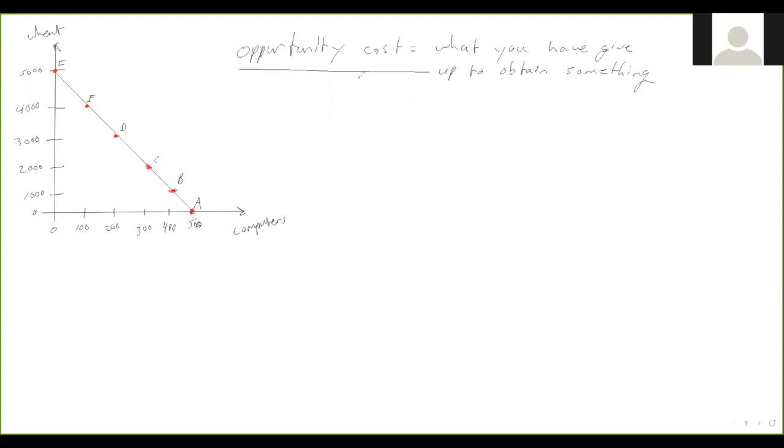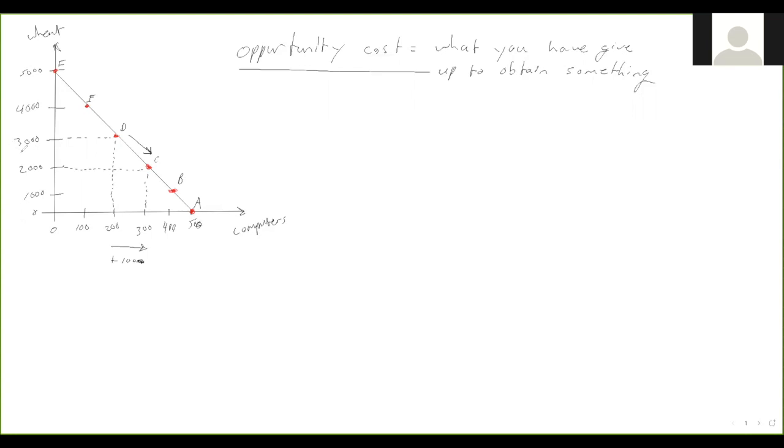To see this, pick 2 points. Let's go D and C. At point D, we are producing 3,000 wheat, 200 computers. And at point C, 300 computers and 2,000 wheat. Let's say we want to move from D to C. That means we're moving from producing 200 computers to 300 computers, so plus 100 computers.